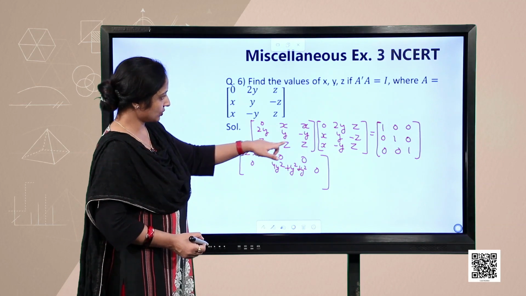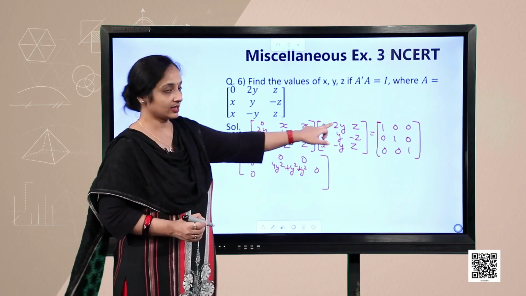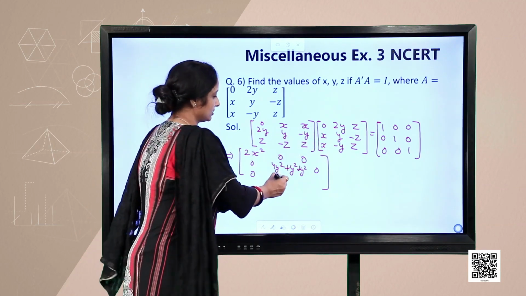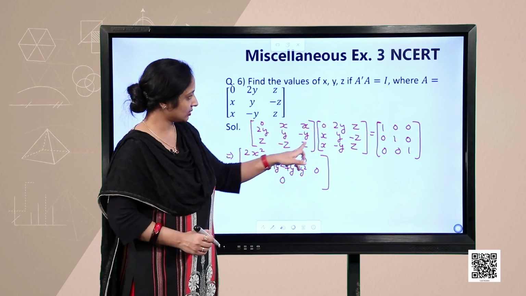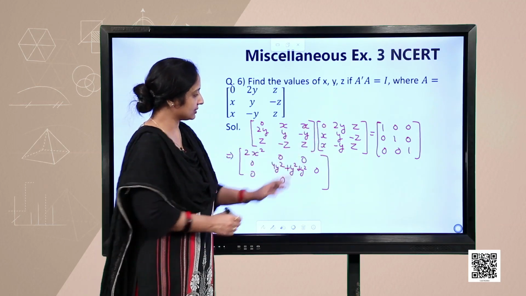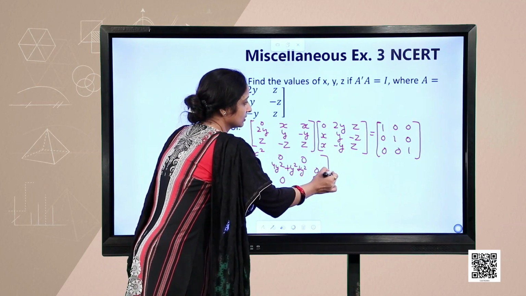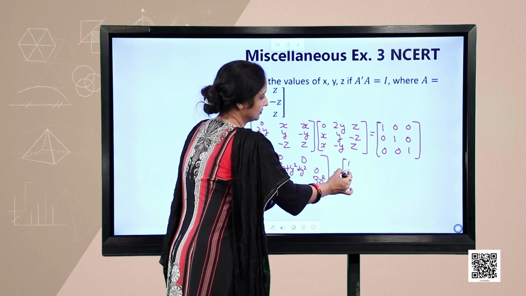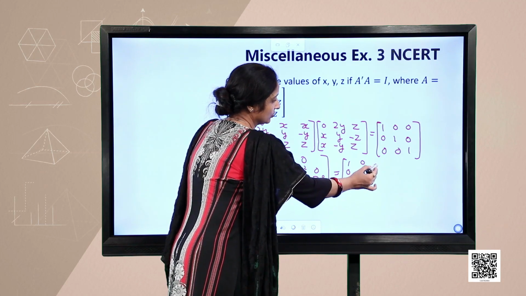Z into 0 minus zx plus zx is giving me 0. Z into 2y minus zy is giving me 0. Last element is z square plus z square plus z square, which is basically 3z square. Equate it to identity matrix of the same order.